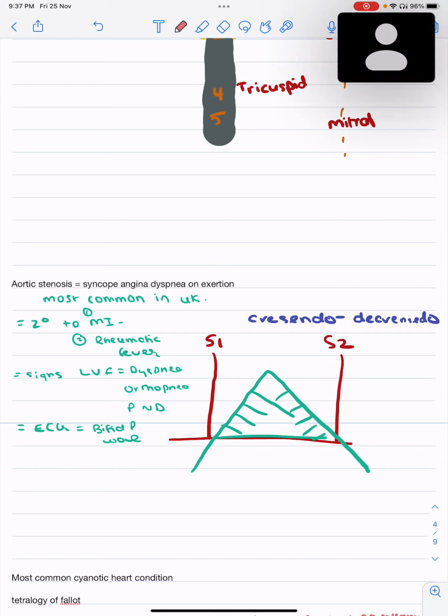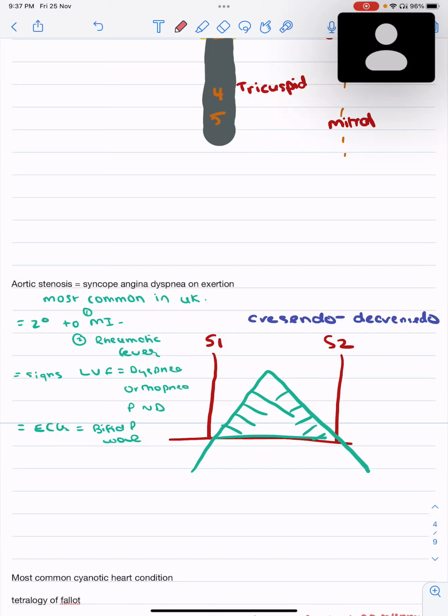Now it comes with a crescendo-decrescendo murmur, or an ejection systolic murmur. This is how you differentiate based upon inspiration and expiration: they will tell you if it's a left-sided or right-sided murmur.